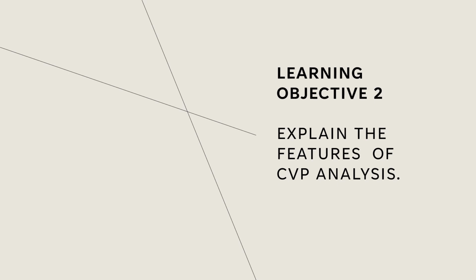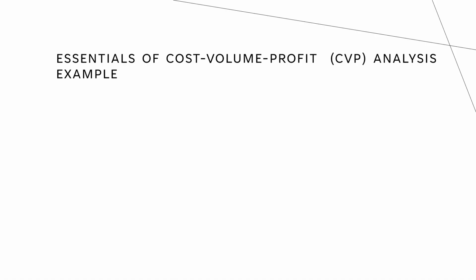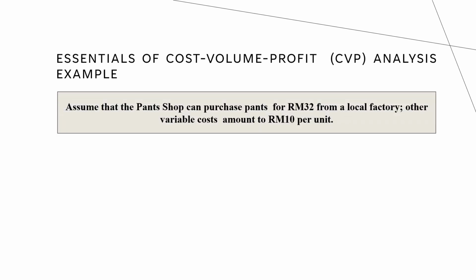Here, objective 2 explains the features of CVP analysis. In order for us to explain the features of CVP analysis, let me show this example. Assume that the pants shop can purchase pants for 32 ringgit Malaysia from a local factory. Other variable cost amounts to 10 ringgit per unit.